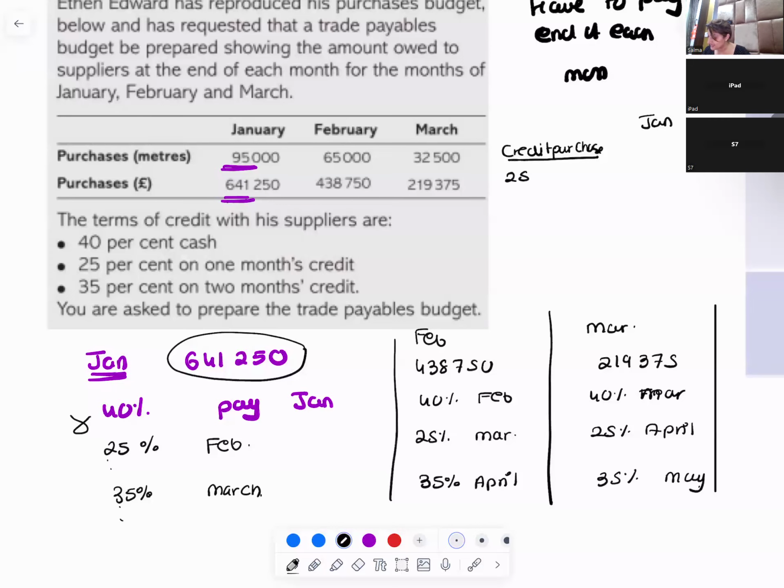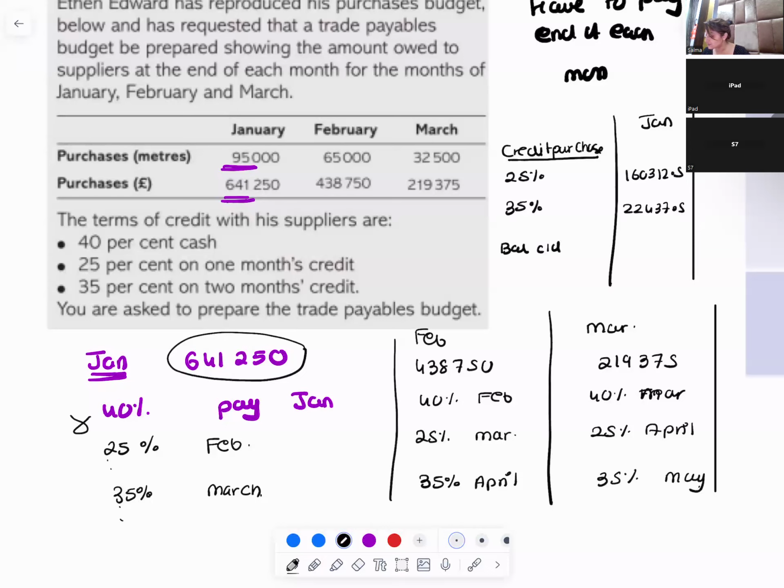The 25% will be 160,312.5, and the 35% will be 224,437.5.